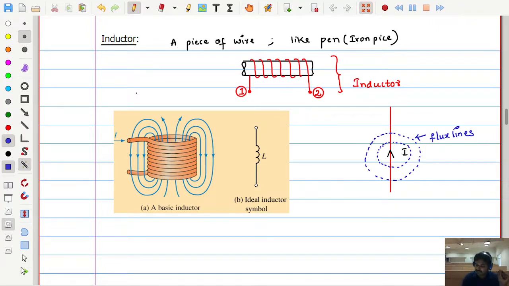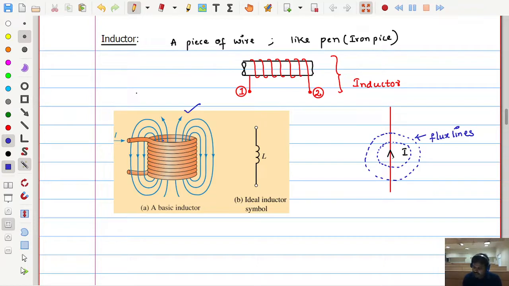Now, if I make that conductor into a coil form, still some flux lines will be there. How it will be is like this. The distribution of the flux lines is like this. This is according to Fleming's right hand thumb rule. Let me not go into the details of those basic laws or principles.